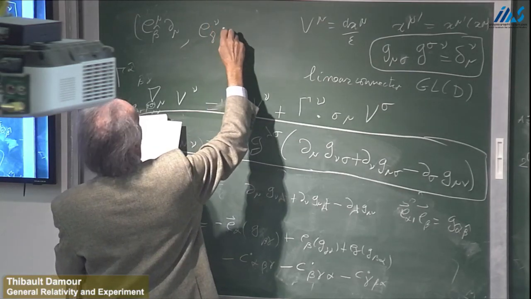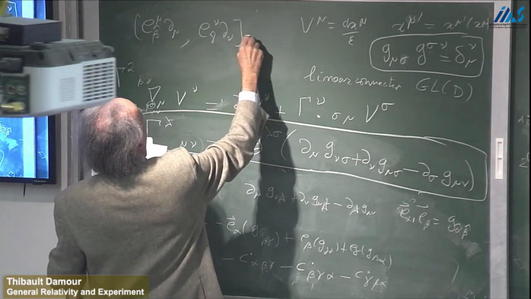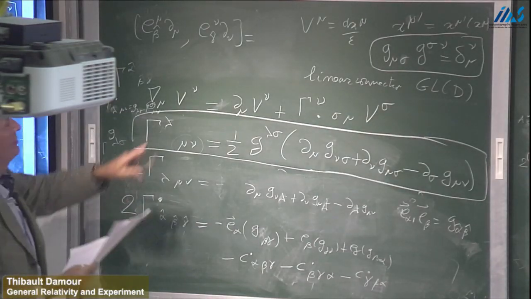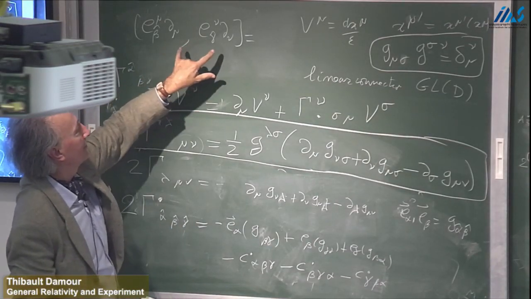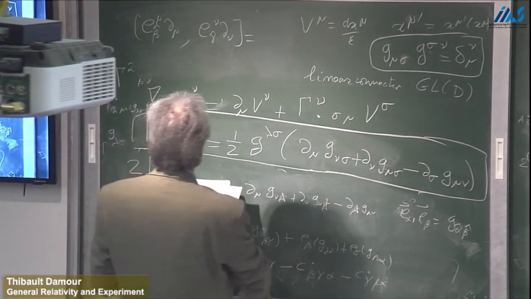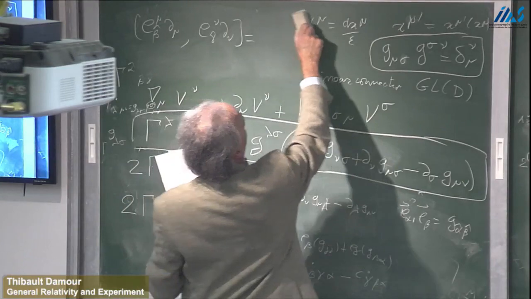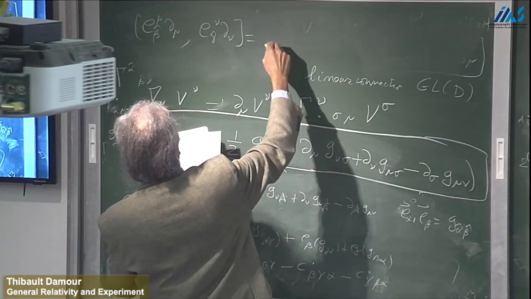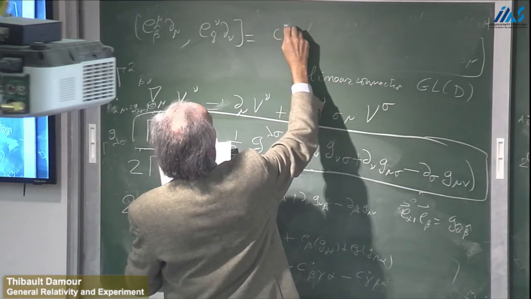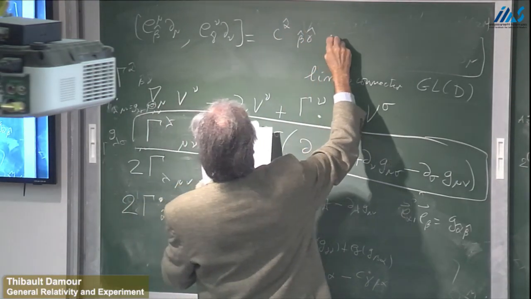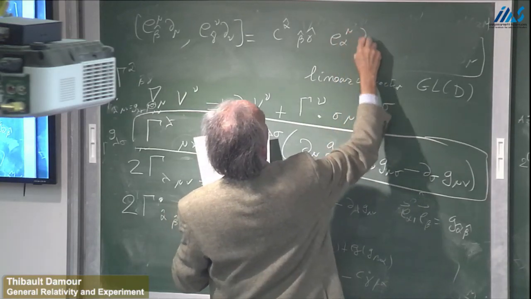If you make the commutator of these 2 differentiations, a priori you should think that you will have a second order differential operator, but they simplify and you get something which is a first order differential operator that you can decompose along the frame again, and then you can define the C as being this way, E alpha mu d mu.